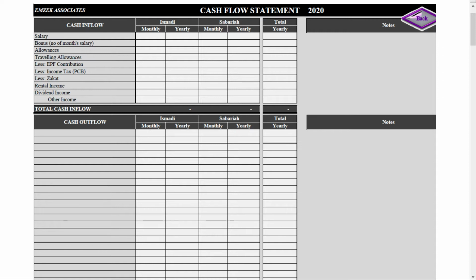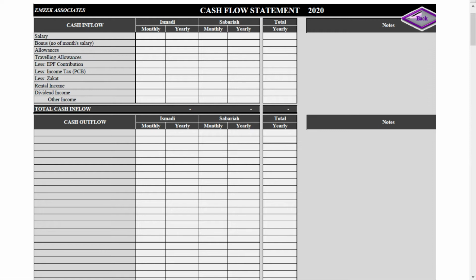EPF deduction is calculated by multiplying the rate of EPF with the sum of salary, bonus, and allowances per annum, while the tax and zakat payments incurred during that year are normally given in the case.